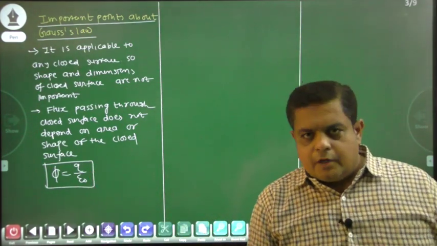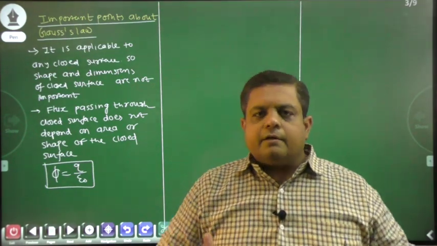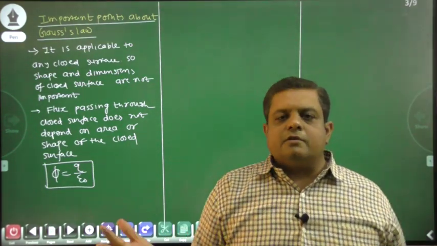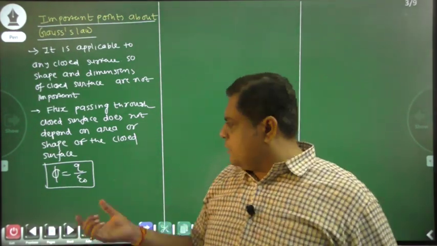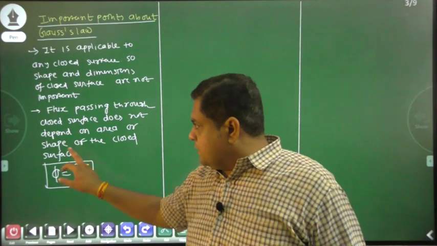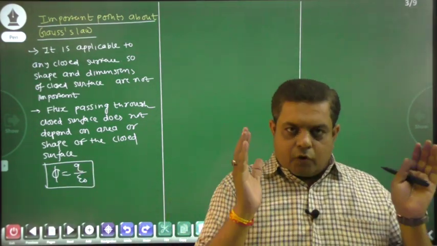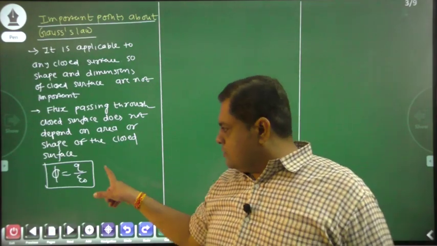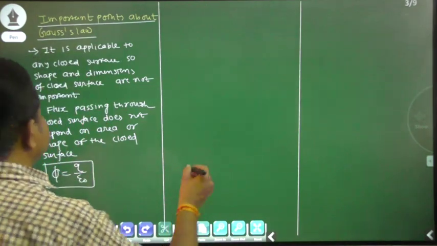It does not depend on area. So suppose you are asked that the area of the Gaussian surface becomes twice. What will be the new flux? Definitely flux will not change, because as far as flux for a closed surface is concerned, it does not depend on area.